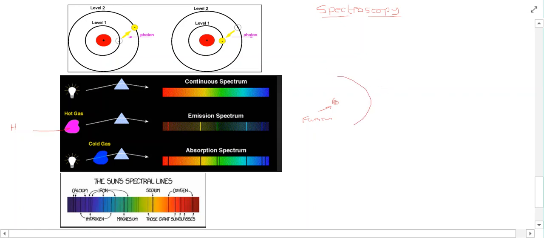This process in the core is giving off photons of light, or wavelengths of light, and it's giving off all the wavelengths associated with all the colors, as in a continuous spectrum. So all the colors of light are being passed out of the core of the star, and they go through the atmosphere of the star.